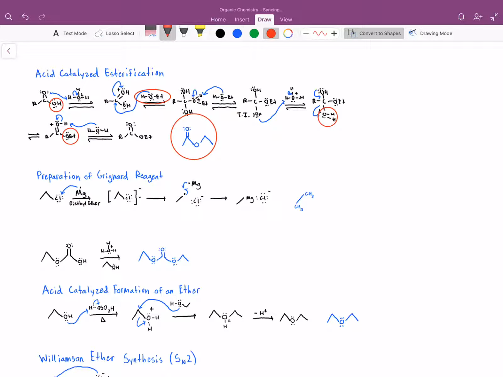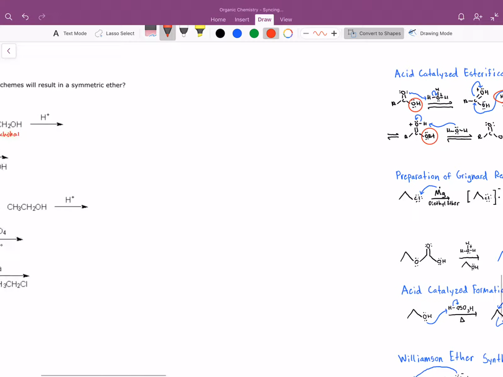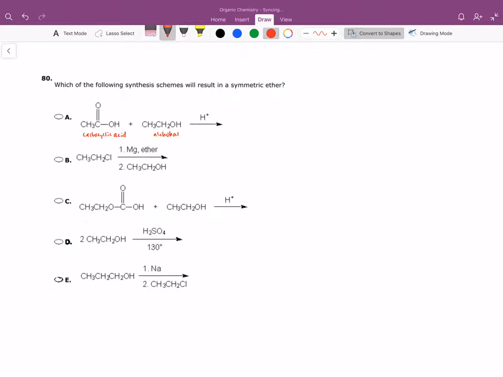That would be the compound that would result from the materials that you provided in that option, which is an ester. It's not even an ether, so it does not satisfy what we're looking for as far as it being a symmetric ether. So let's look at option number B now.